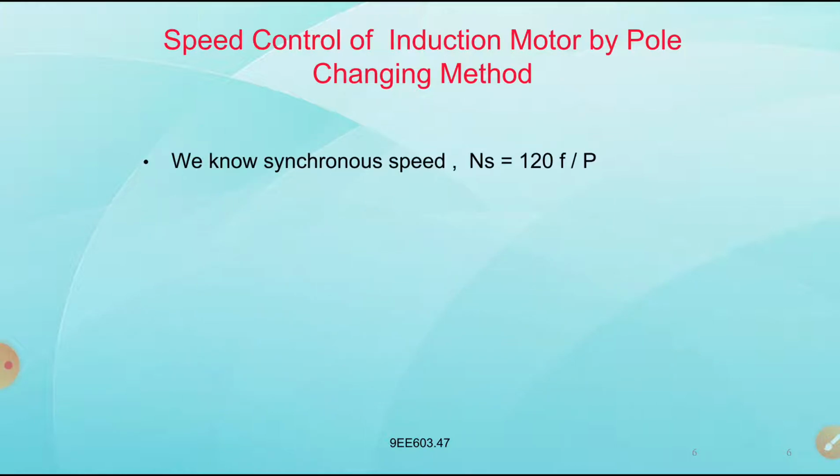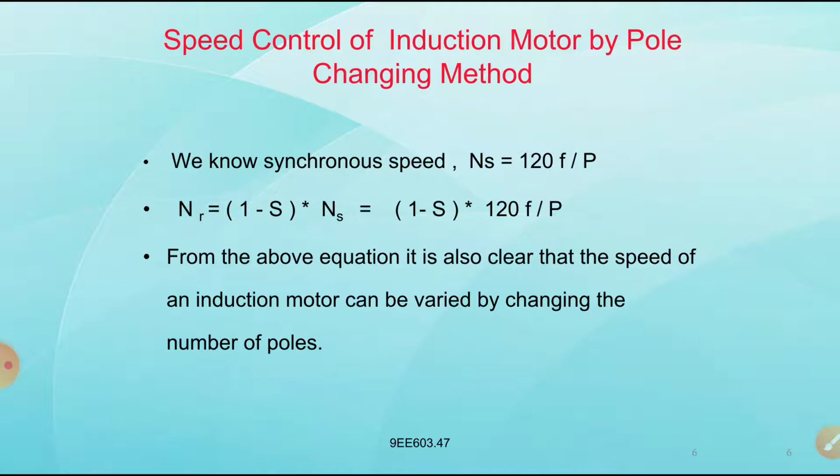Thus, we know that the synchronous speed is equal to 120 F by P. So Nr is equal to 1 minus S into Ns.